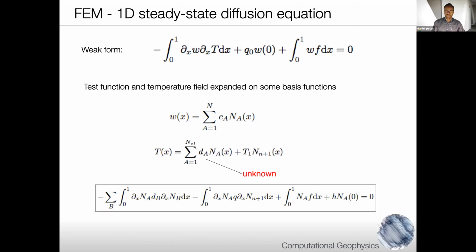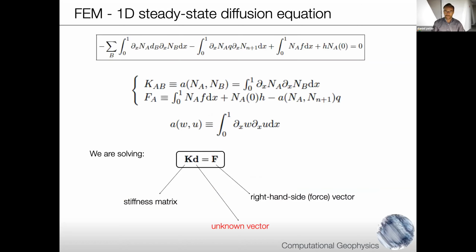Basically, on the left side, you have the stiffness matrix expression. Then comes the boundary term and the force term. So we looked at that at the very beginning of the introduction of the method. So you can write this in terms of bilinear functionals and functionals if you want.